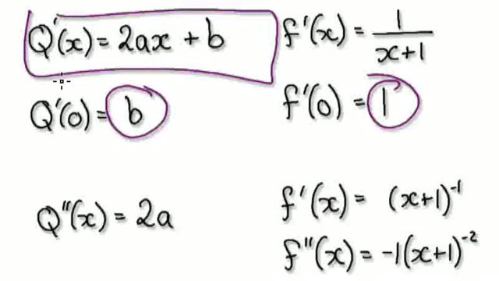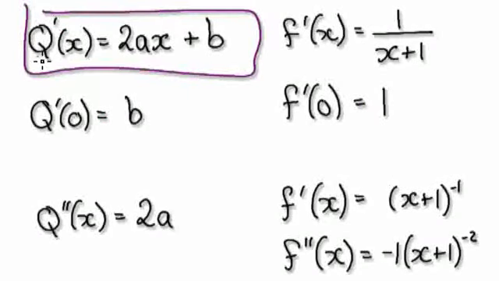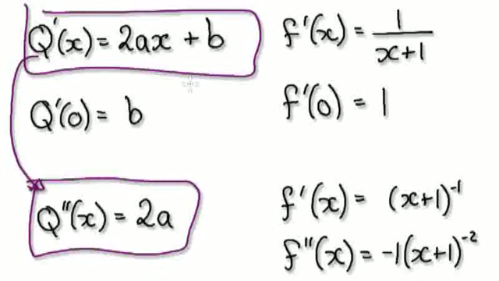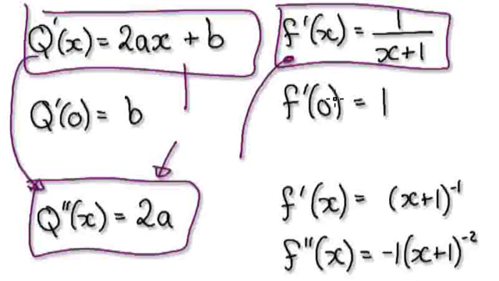This here is our first derivative. Now differentiate this, and that will take us to this. So the second derivative of our quadratic will be given by this. Now we want to compare that with the second derivative of the original function as well.